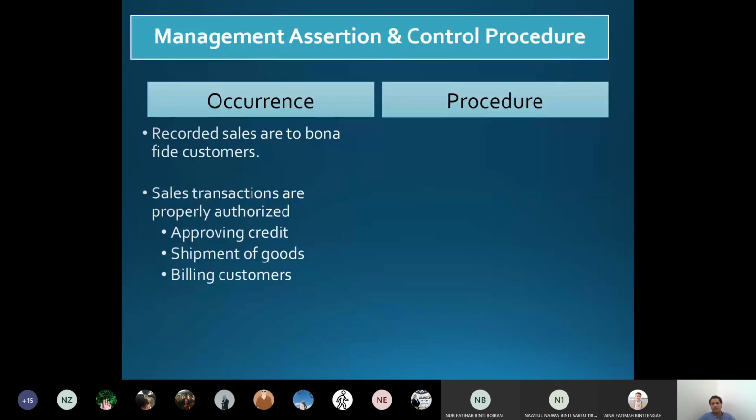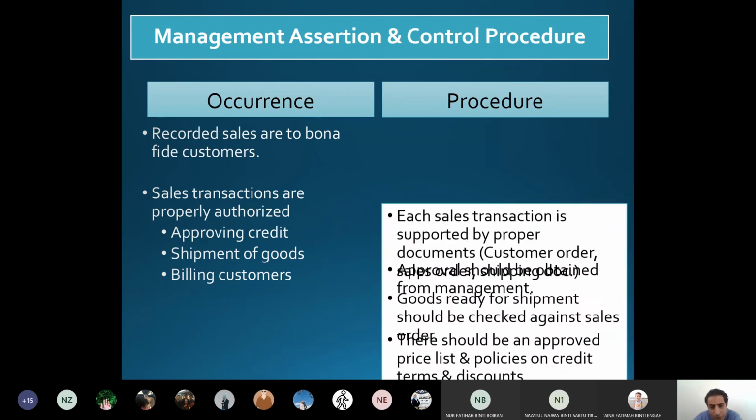Okay, so let's say now the management assertions related to the revenue cycle, and we also will talk about control procedures that should be in place and what the auditor should check. Okay, so now it will be more matching.